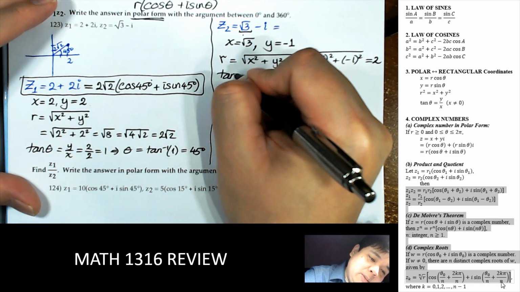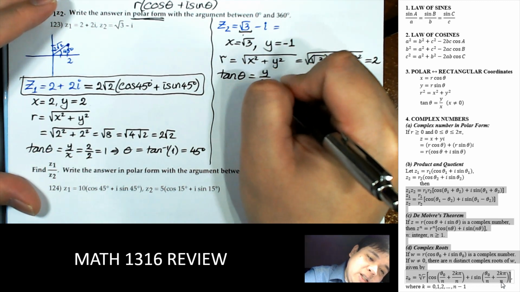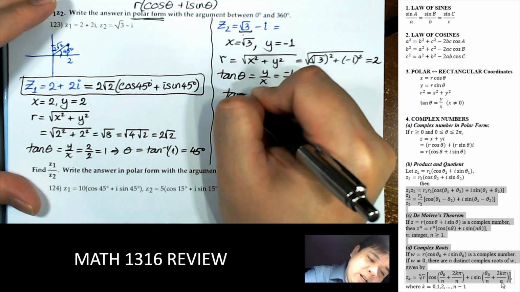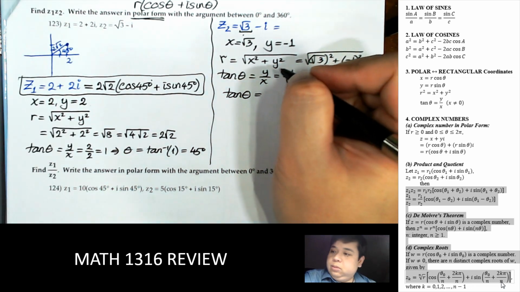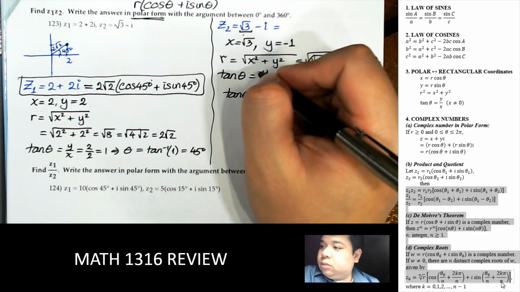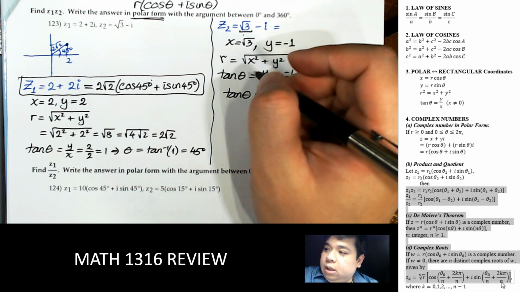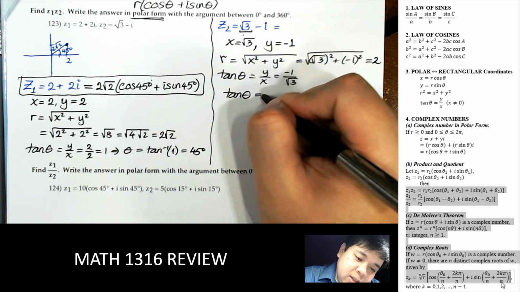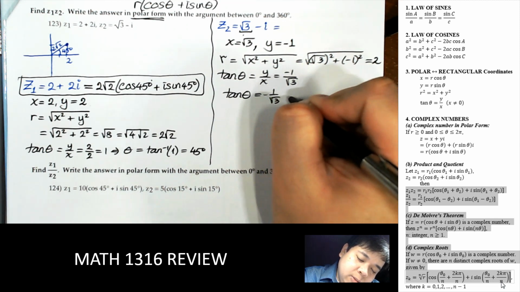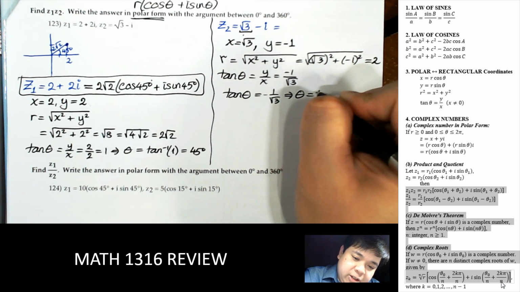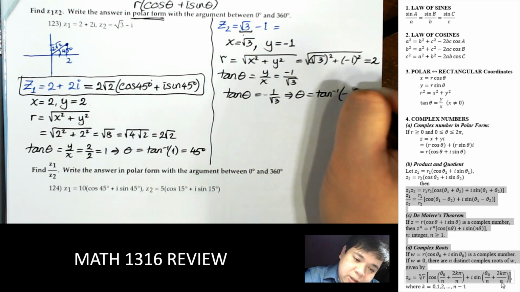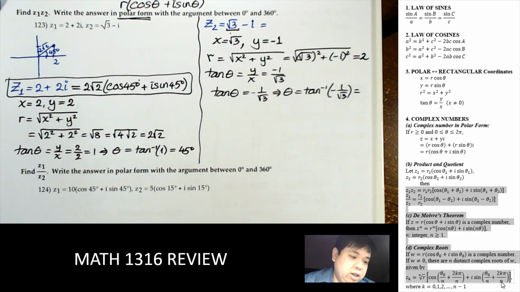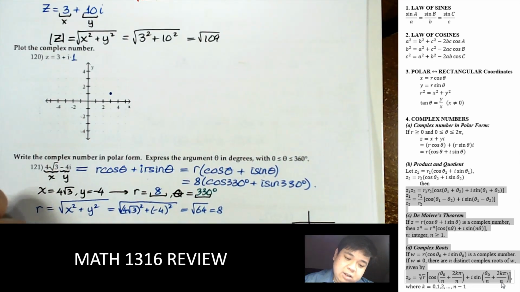Tangent of theta is y over x, negative 1 over square root of 3. So theta is tangent inverse, and that should be 330 degrees. I think we did plenty of that earlier.